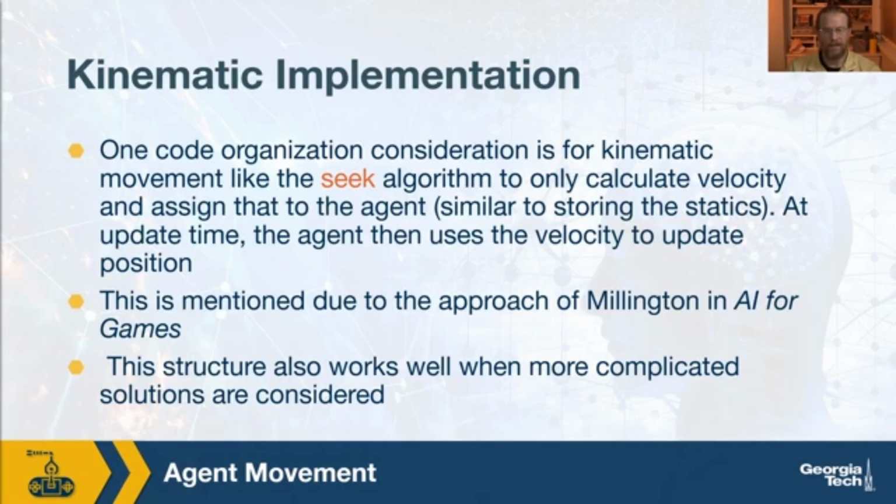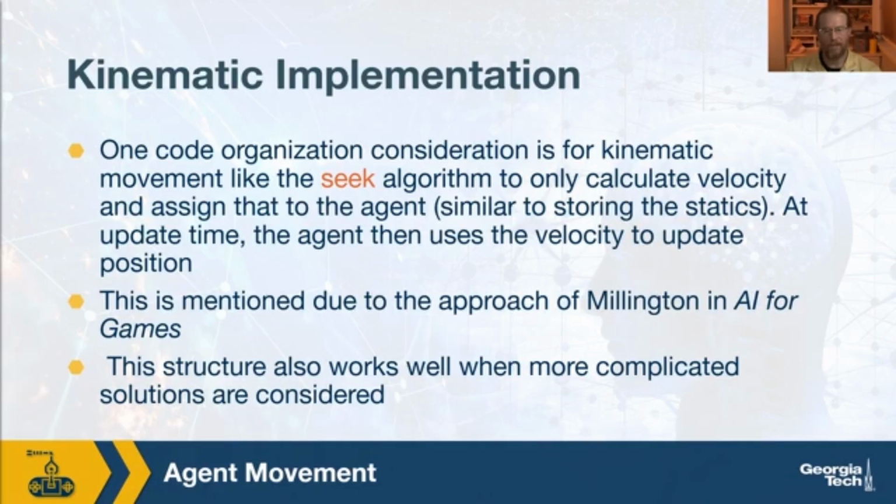And then when it's time for the agent to update, well, they know their statics, which is position and orientation, and it knows this desired velocity. So it would do its own update, kind of thinking in an object-oriented sense. It would apply its own target velocity to its statics and then generate those new values. And then the agent would be drawn onto the screen with those new values.